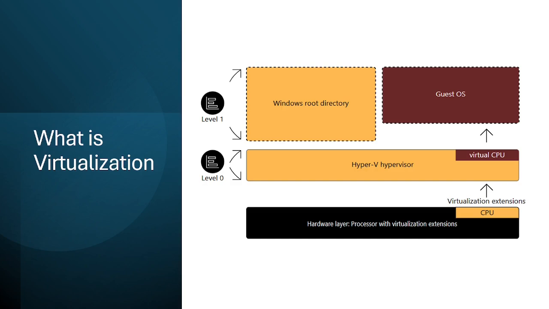This slide contains an image which shows the architectural representation of a hypervisor. The hypervisor acts as a middle layer between the hardware layer and the guest machines or the operating systems. The hardware layer contains physical devices, which have a processor with virtualization extensions.